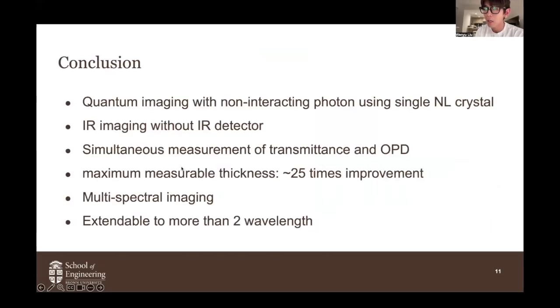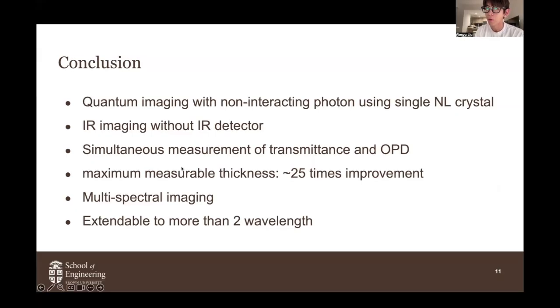So in this study, we achieved quantum imaging with non-interacting photons. We're able to probe the infrared response of samples, which is very important for biological applications, by using a room temperature standard CMOS camera. We're able to retrieve the phase and the transmission profile simultaneously.